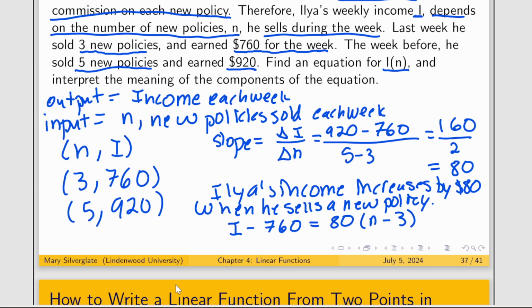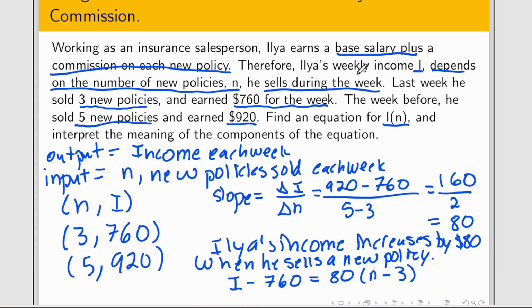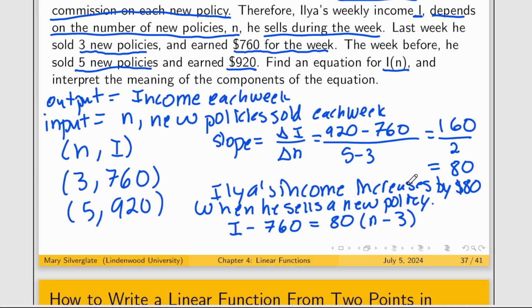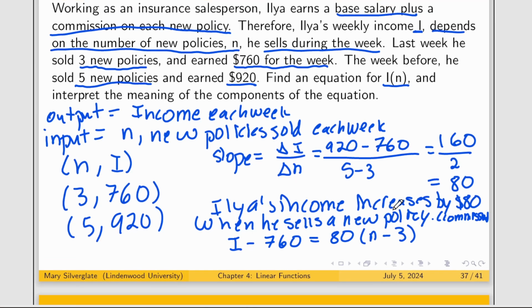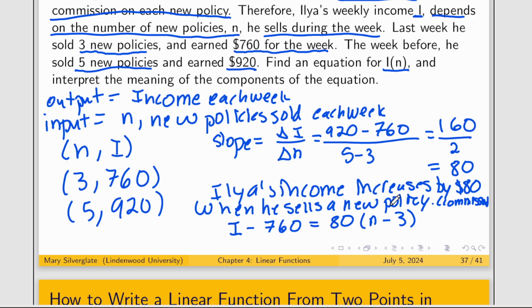Here they may want us to rewrite it in slope-intercept form in order to figure out what his base salary is, because I just figured out if his income increases when he sells a new policy, that's our commission. We don't know his base salary yet. So in order to figure out his base salary, I'm just going to rearrange this equation to get income by itself. So I will first distribute the 80. 80n, 80 times 3 is going to get me minus 240.